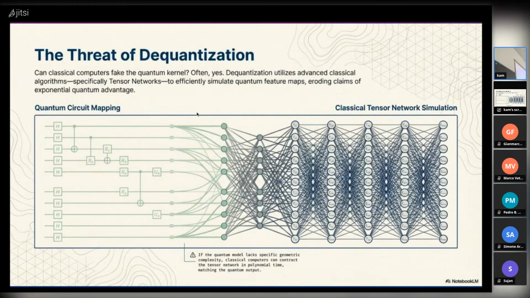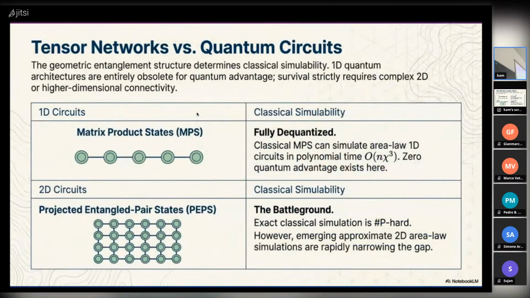It started from 2019, and many algorithms have been dequantized by some clever choice. For example, for 1D circuits, people can use matrix product states, so it's fully dequantized. The classical matrix product state can simulate this area law 1D circuit in polynomial time, of order n chi to the power of 3, where chi is called the bond dimension, and zero quantum advantage is there.